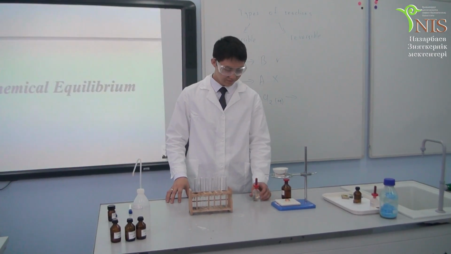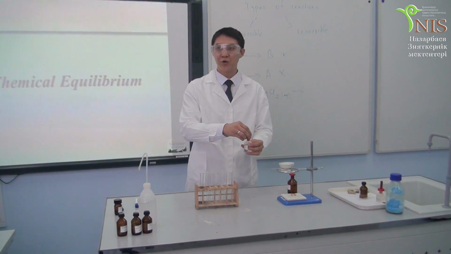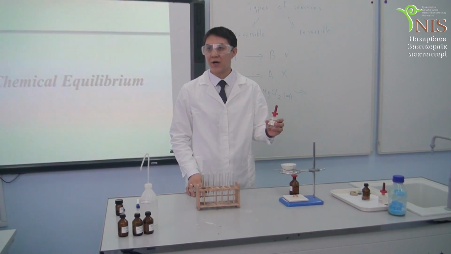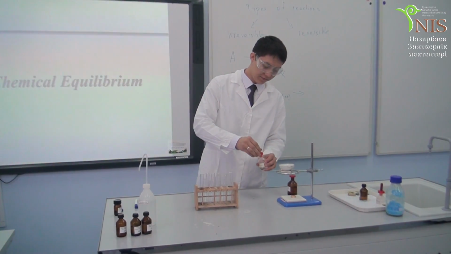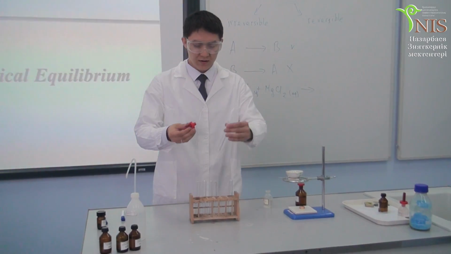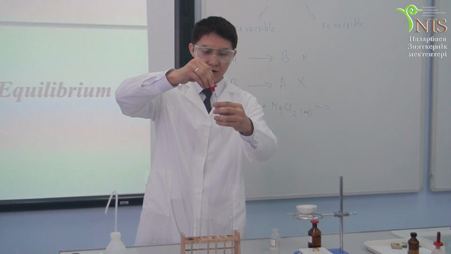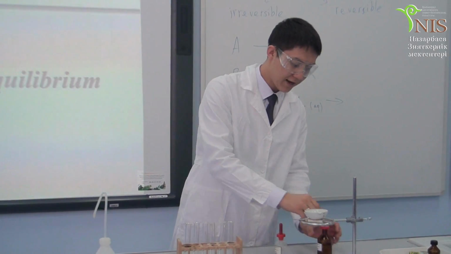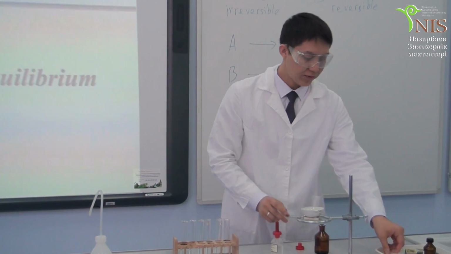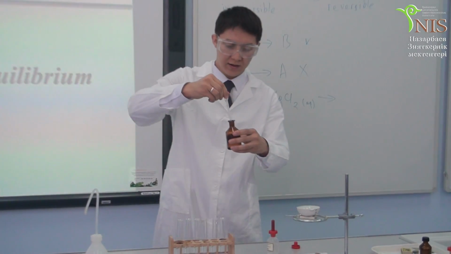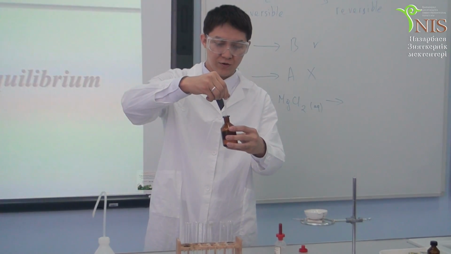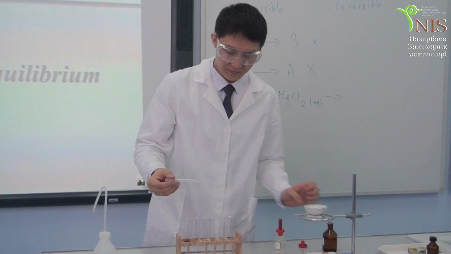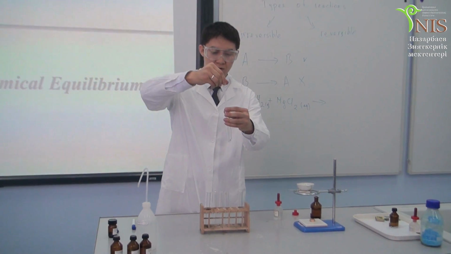Okay, now we're going to use again aqueous hydrochloric acid. Let me pour some drops of hydrochloric acid into the test tube. And then add with a pipette a couple of drops of sodium hydroxide solution.